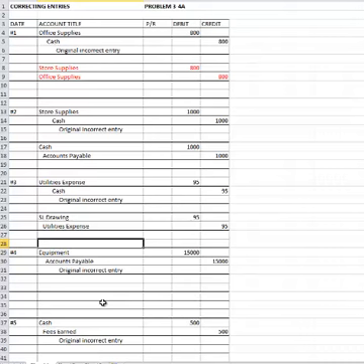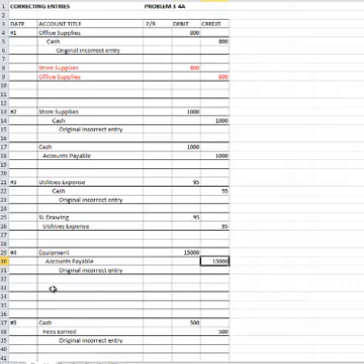In this one, we have an amount that's incorrect. It says a $1,500 purchase of equipment on credit was recorded as $15,000 in both accounts. Okay, so the entry would have been debit equipment, credit accounts payable, and then an incorrect amount of $15,000 was put in there.